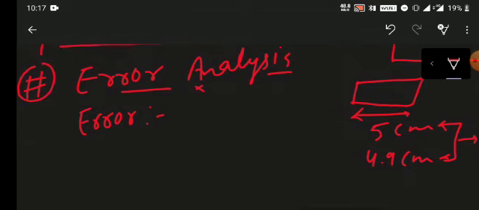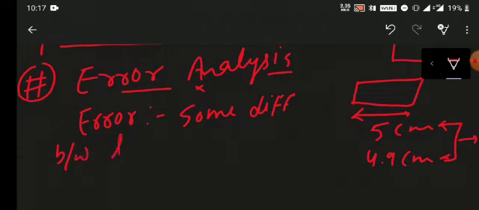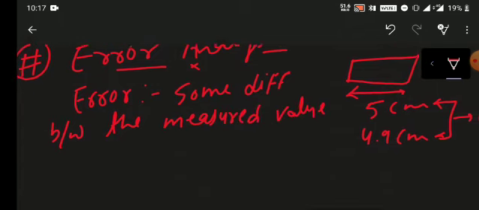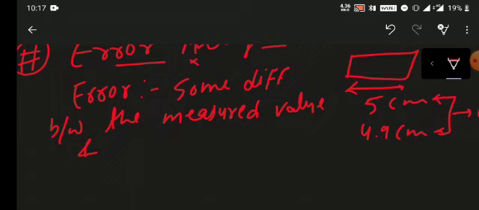So please note down the definition: the difference between the measured value and the actual value, or true value. This is the definition of the error.